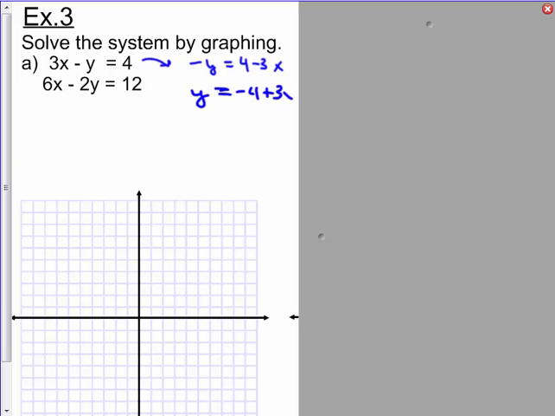So I solved the first one, I got y equals -4 plus 3x. I solved the second one for y, and I get y equals -6 plus 3x. At this point, I'm going to graph both of the lines.